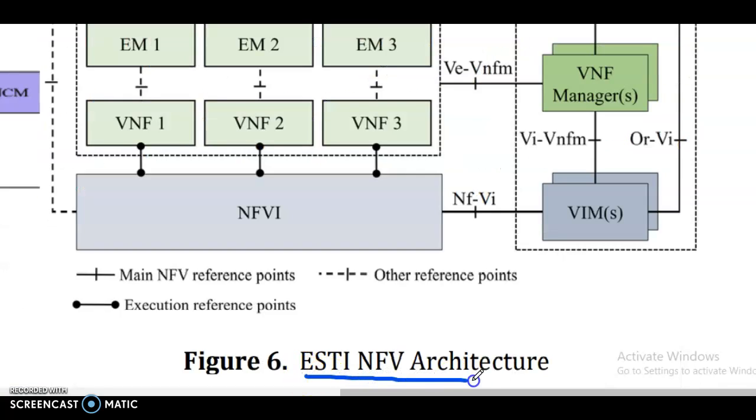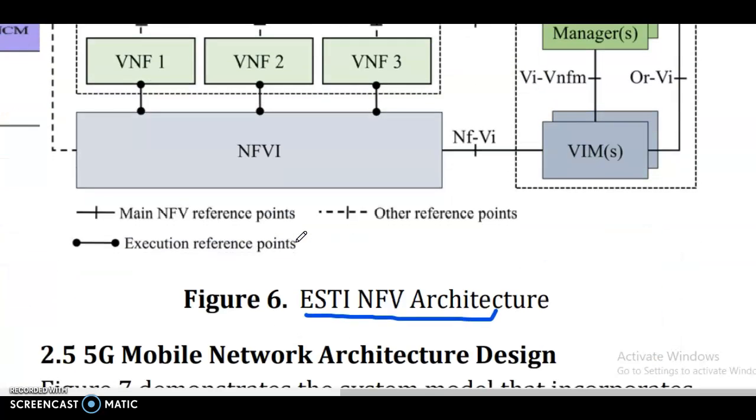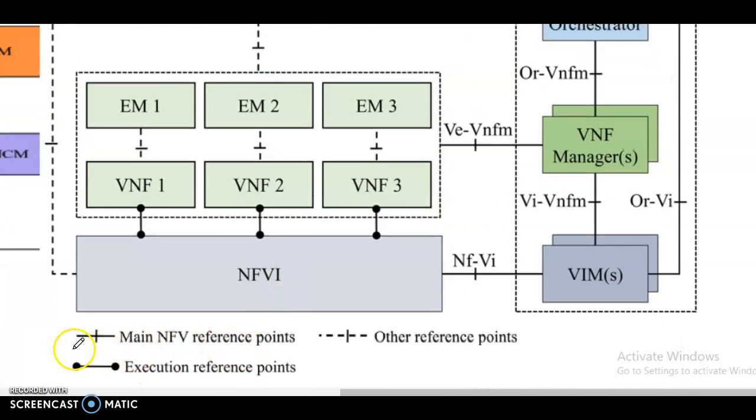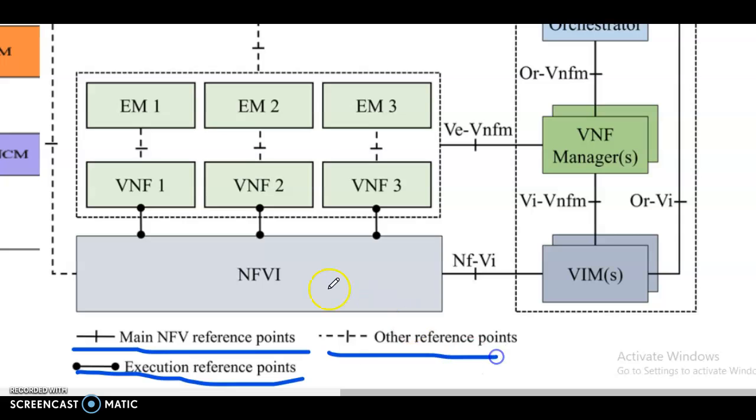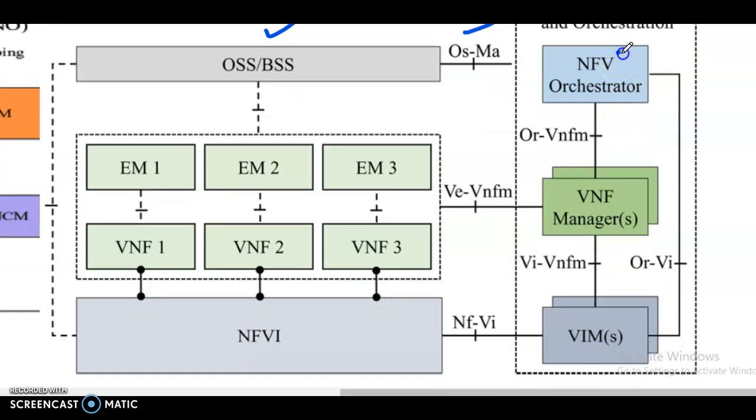ETSI NFV architecture. Here in this architecture: main NFV reference points, execution reference points, other reference points, OSS, BSS connected to OS-MA. This area is NFV management and orchestration. NFV orchestration connected to VNF managers and VIMs.